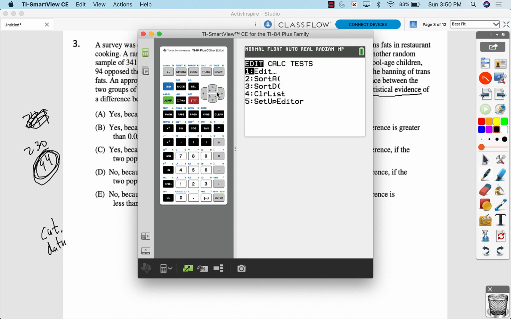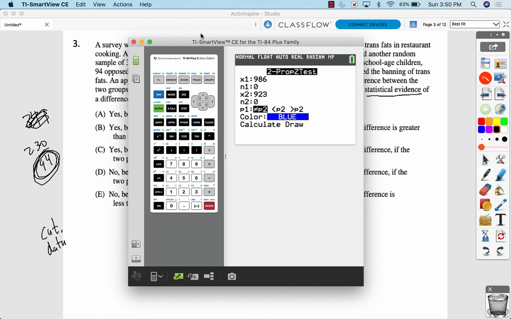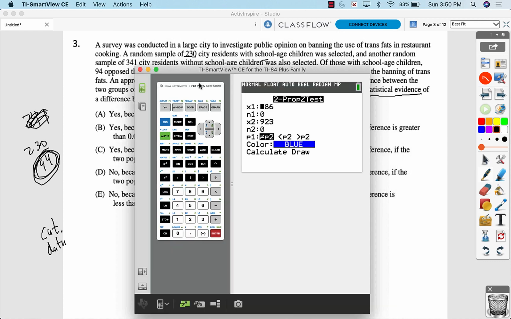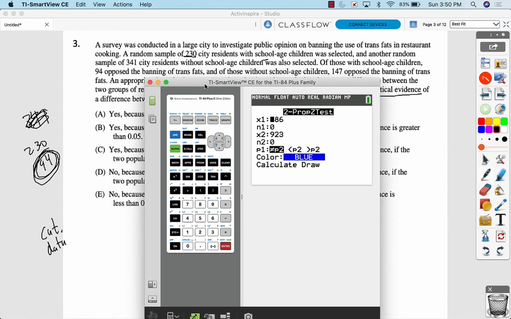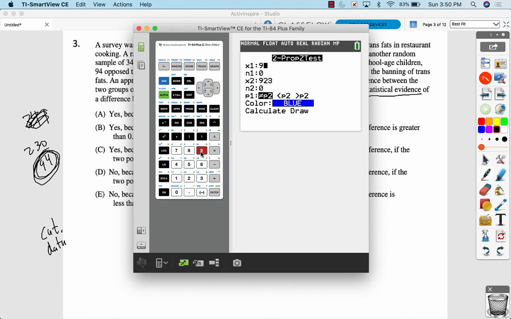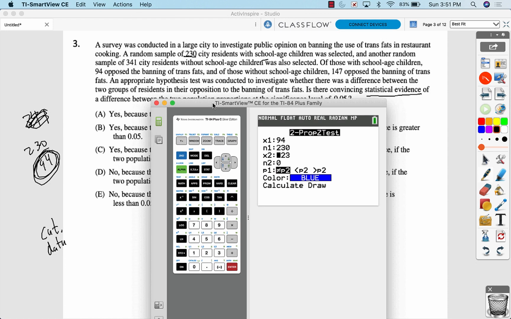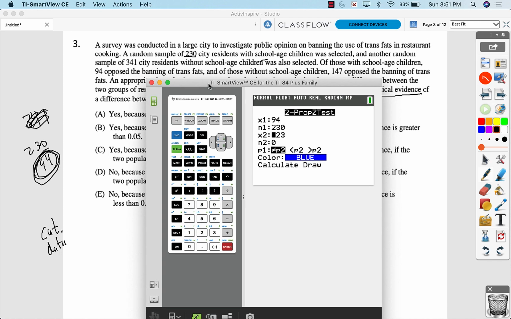So to do this, you do stat, go over to test. It's a 2-prop z-test. It didn't say interval, it says evidence. Click that. Now, x's are counts, n is a sample size. So out of 230, 94 opposed. So there's 94. There's the 230. Out of the other group, it was 341, 147.